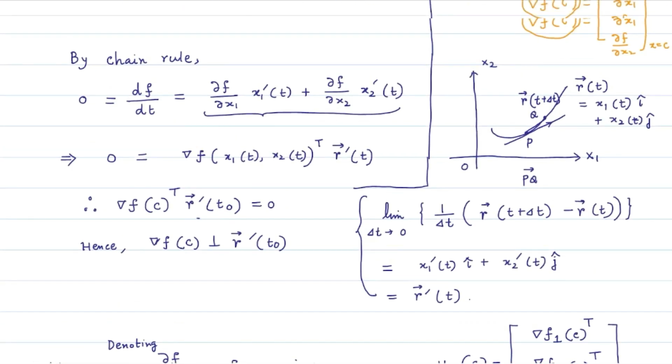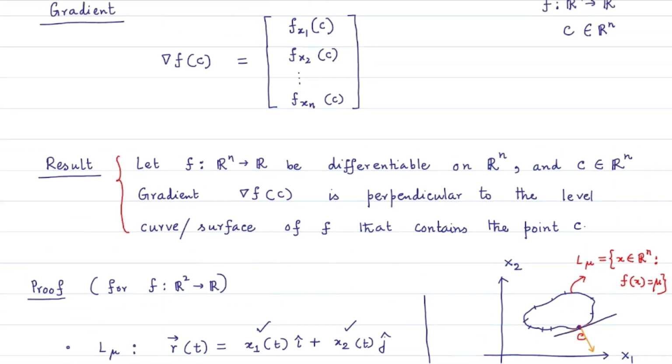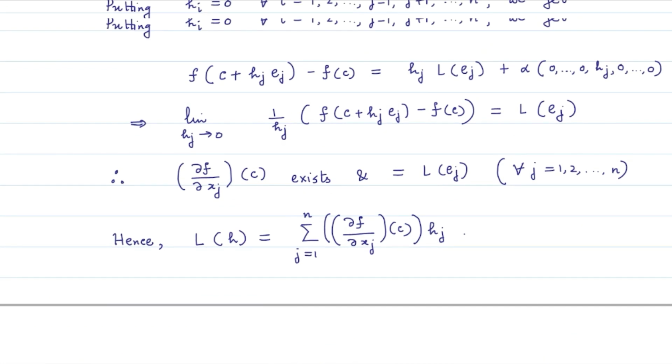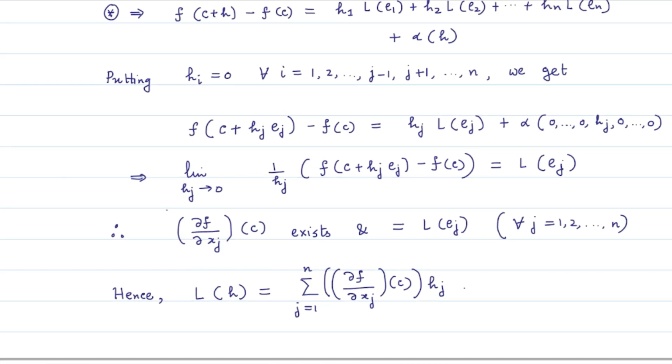Next, we have seen that if a function f is differentiable at a point c, then all partial derivatives with respect to all the variables of the function do exist. So differentiability implies existence of directional derivatives as well as existence of all the partial derivatives.